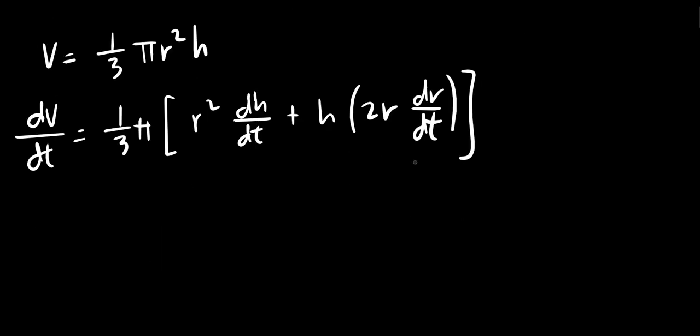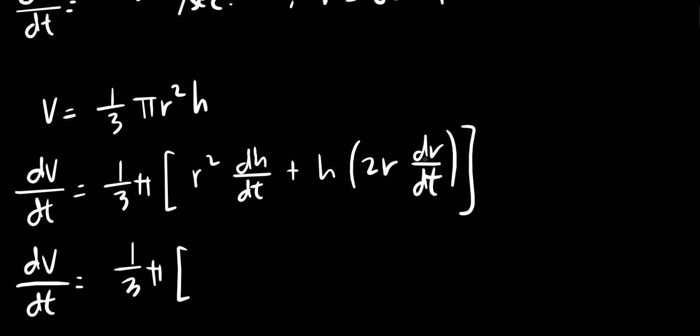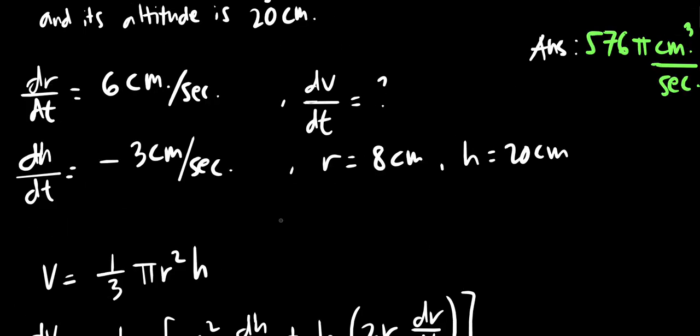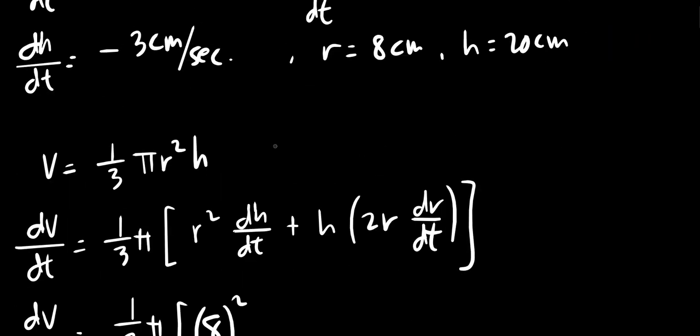So after this one, we will now further simplify. So 1/3 pi multiplied by, what is the value of r? So r is equal to 8 cm. So we have 8 squared. What is the value of dh over dt? So negative 3.